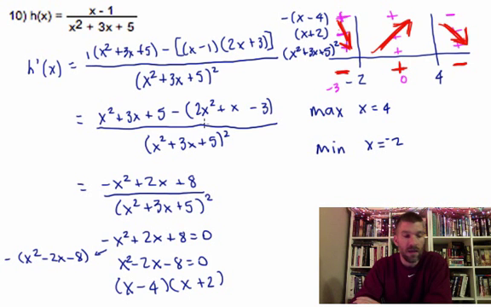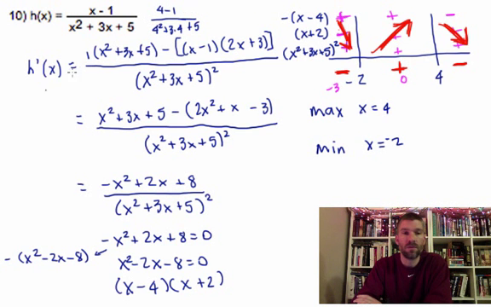And then I check these in my original function to figure out what y values match. And so I did that. You can punch it into your calculator or however you want to do it, but you can just take 4 minus 1 over 4 squared plus 3 times 4 plus 5. That's one guy. I'll let you punch him in to find that specific y value.